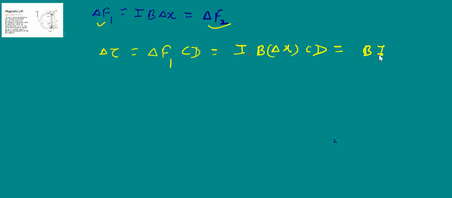If you are wondering why it is not dS, I'm using this terminology here. Delta S is definitely the area of the shaded region or dashed region.